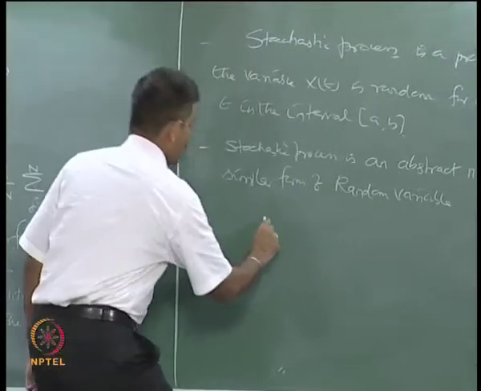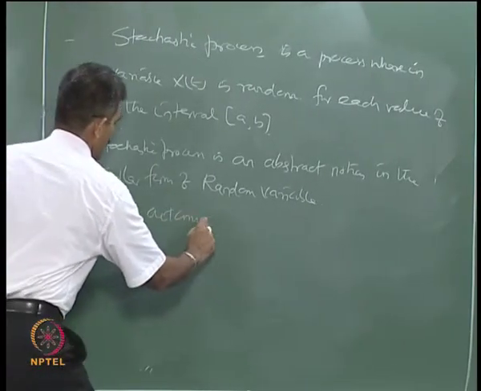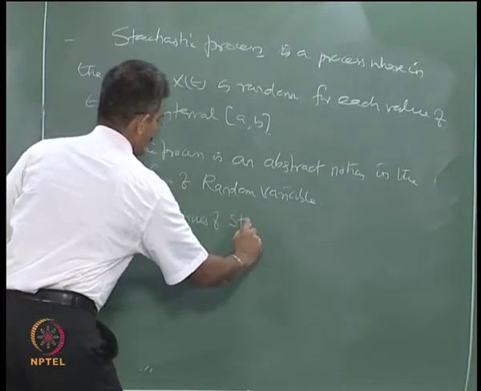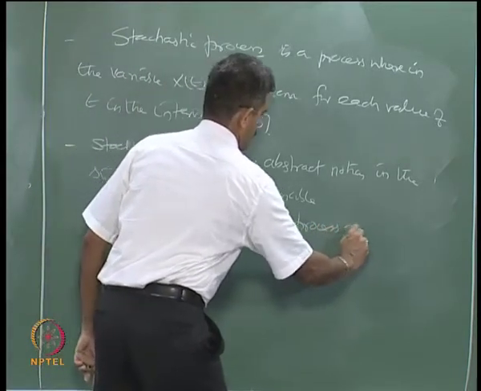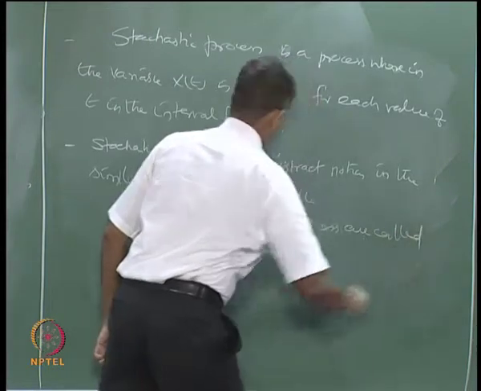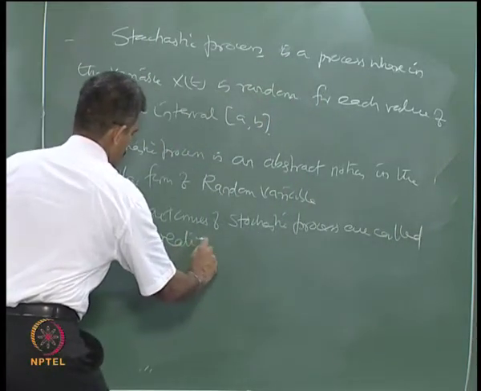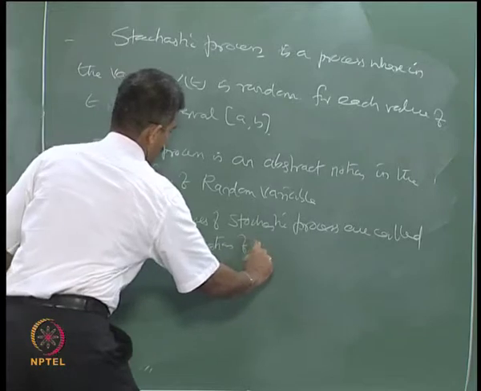Here the outcomes of a stochastic process are called realizations of the variable.